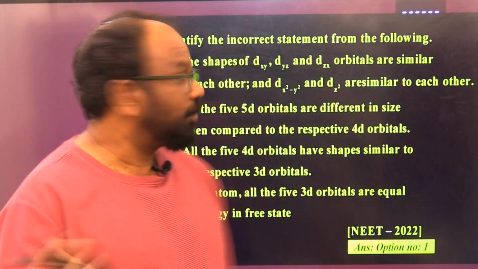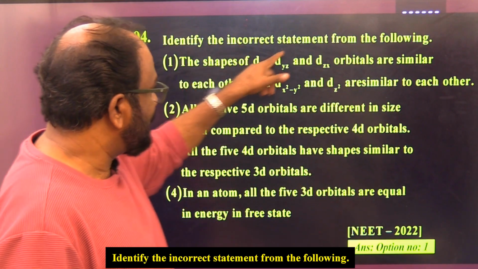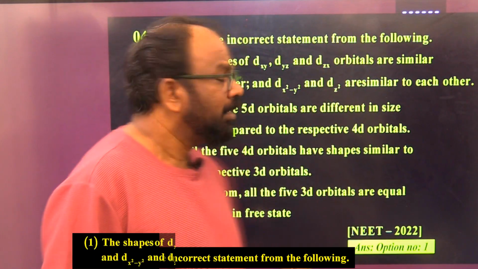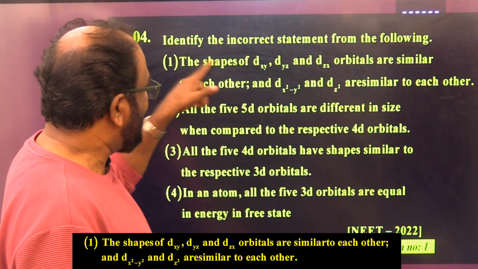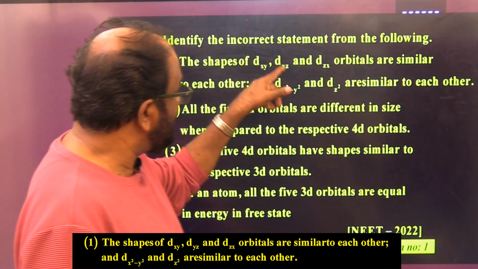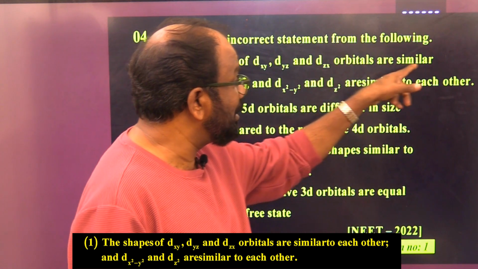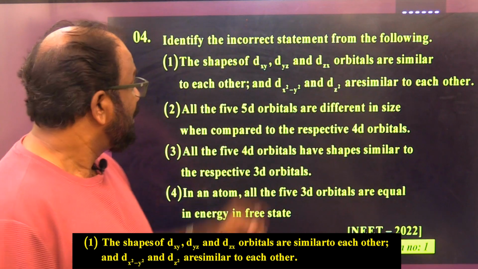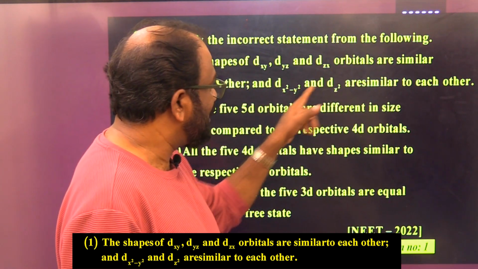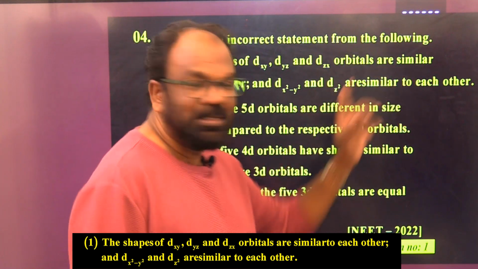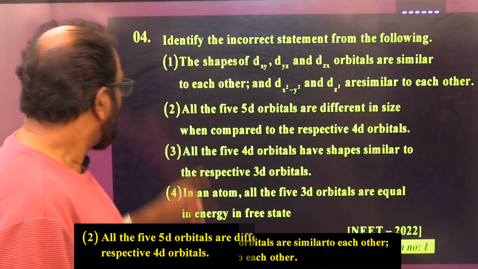Now question number 4. Identify the incorrect statement from the following. Option number 1. The shapes of dxy, dyz and dzx orbitals are similar to each other, and dx square minus y square and dz square are similar to each other. Option number 2.